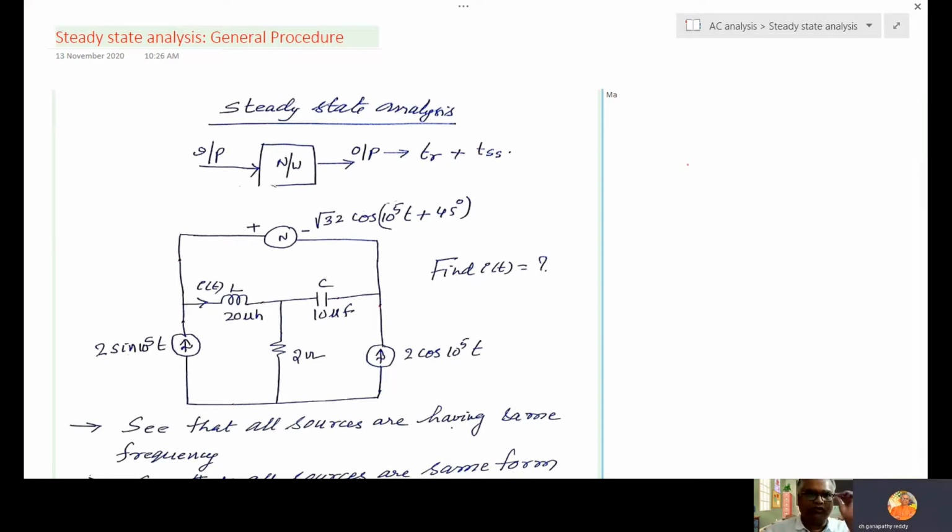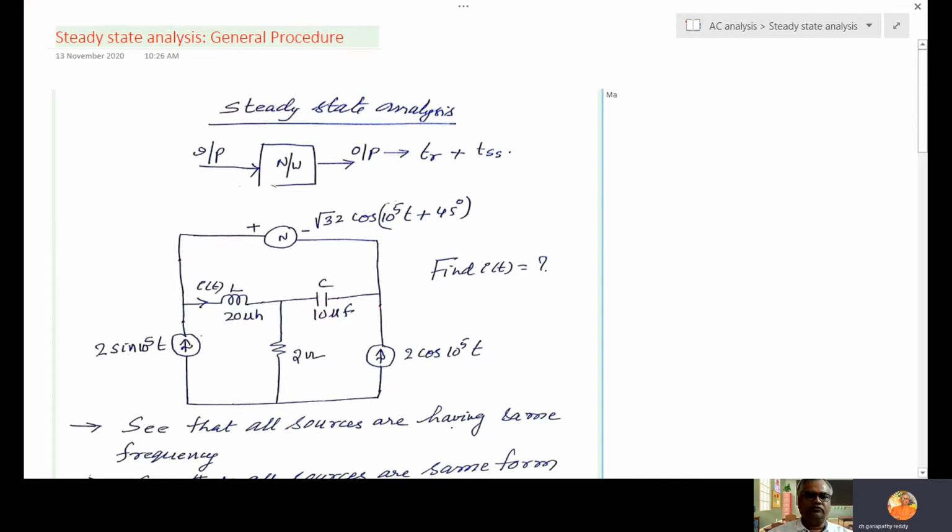Today's topic is steady state analysis. We cannot say exactly it is a steady state analysis. All the topics we are studying are by default steady state only. The only thing is, in this topic we analyze the circuit with AC sources, whereas in DC analysis we analyzed the circuit with DC sources.